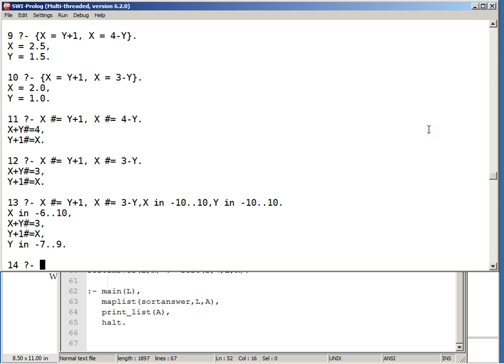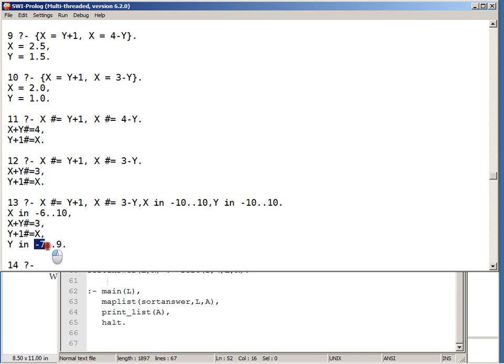But the system says, well, you see, when X is 10, Y cannot be larger than 9, right? From here. So we're going to derive a limit for Y at 9. And when X is minus 10 here, Y cannot be lower than minus 7.